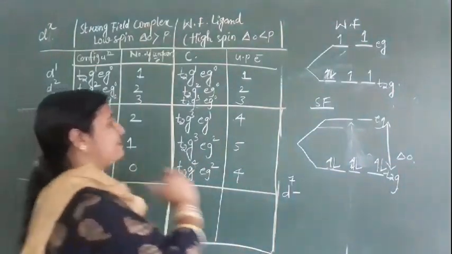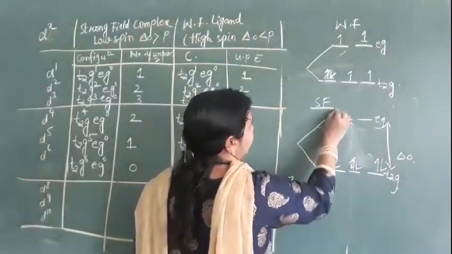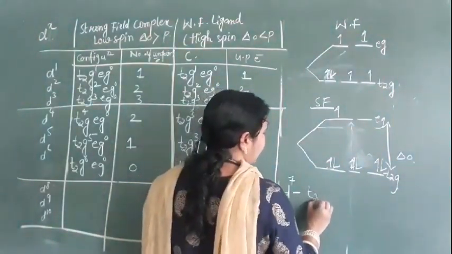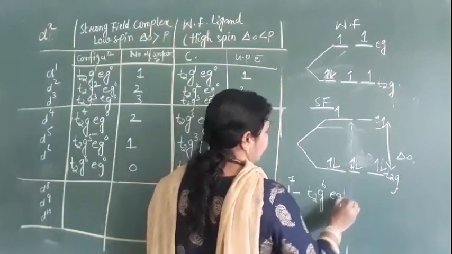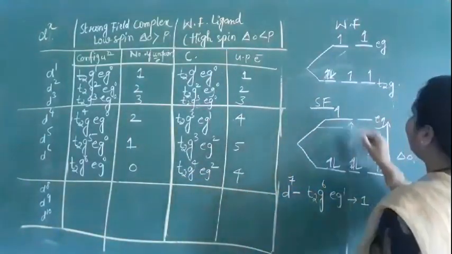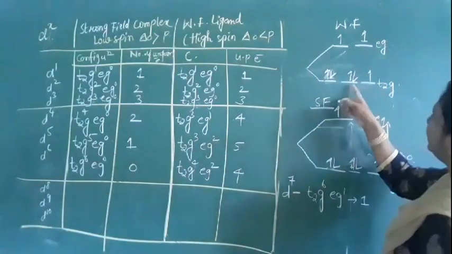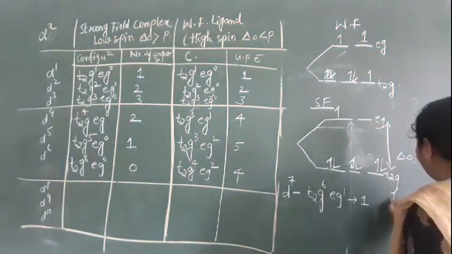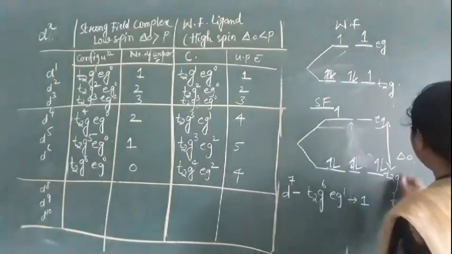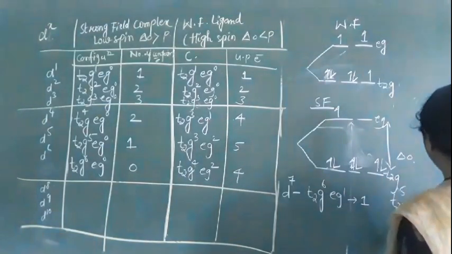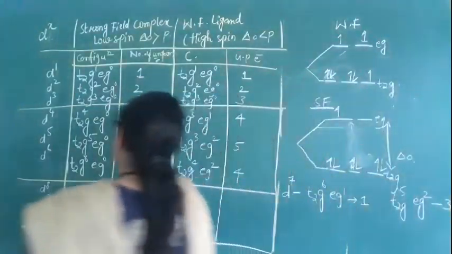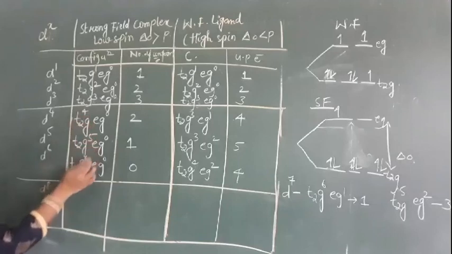For d7 in a strong field ligand, the seventh electron enters the eg orbital, so the electronic configuration is t2g6 eg1, and the number of unpaired electrons is 1. For a weak field ligand, the seventh electron enters the t2g, so the configuration is t2g5 and eg2. Number of unpaired electrons: 3.